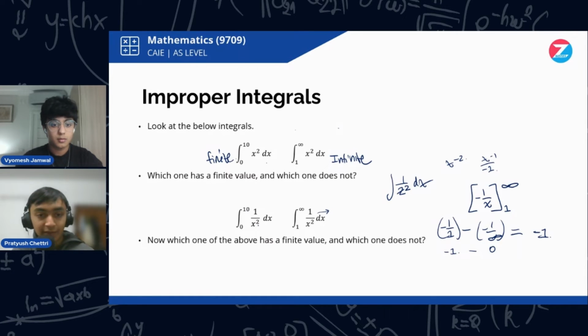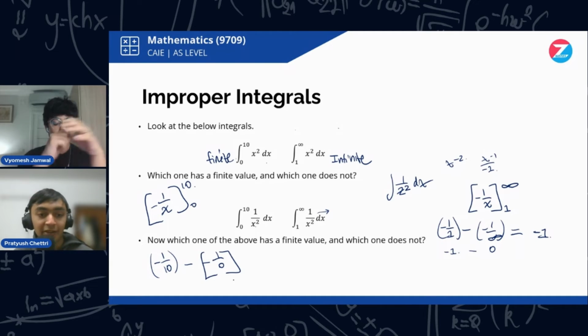Whereas this, if you were to do 1 by x from 0 to 10, you'd come up with a problem. Why? Well, 1 by 10 is fine, right? No problem there. But 1 by 0, you cannot divide by 0, because it gives you an infinitely large value.